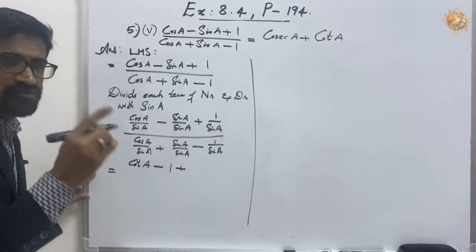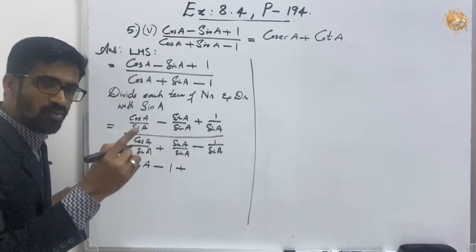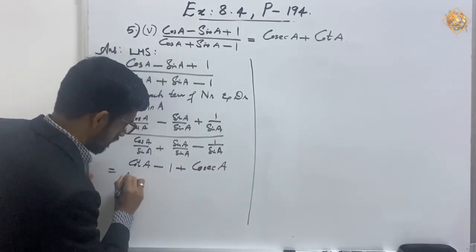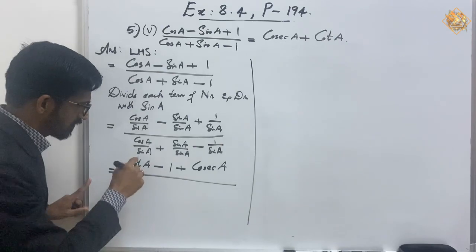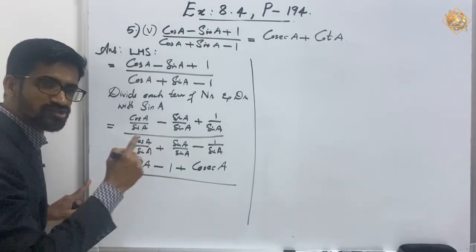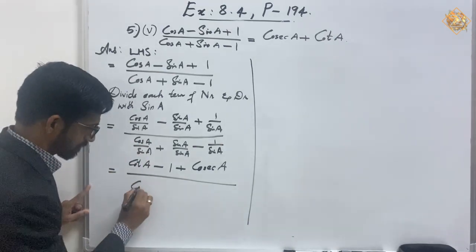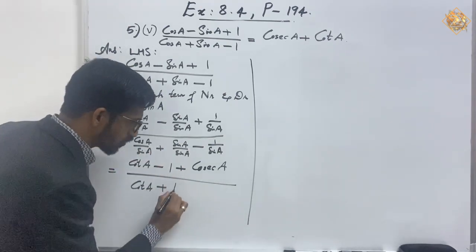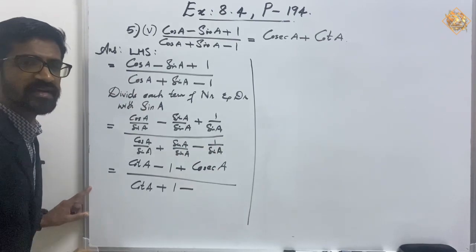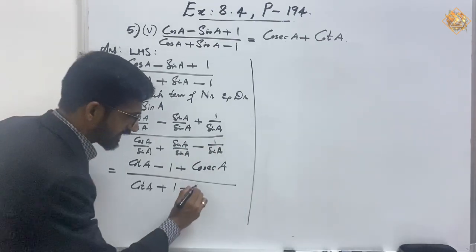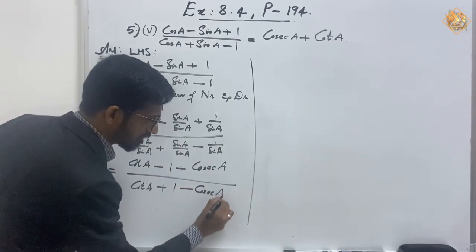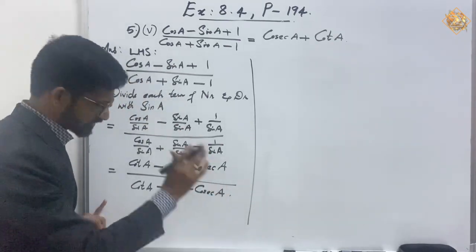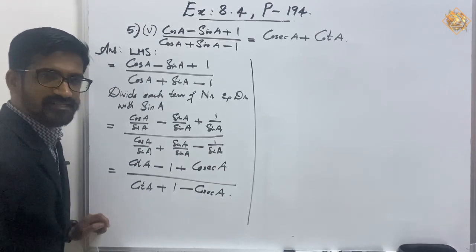It is the inverse function of sin A, that is cosec A. So 1 by sin A is cosec A. Then by, here we have cos A by sin A, cot A, plus sin A by sin A, that is 1, minus 1 by sin A. What is 1 by sin A? That is again cosec A. Up to here it's okay students? Any doubt? It's clear, isn't it?